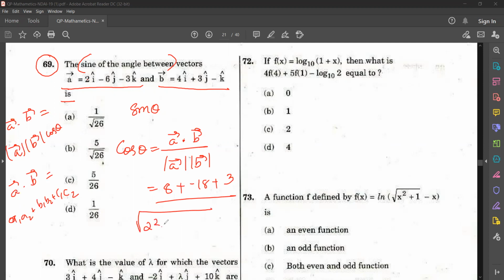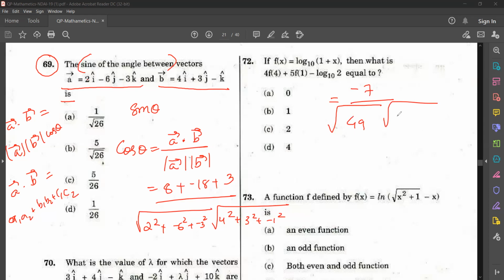So it is root of 2 square plus minus 6 square plus minus 3 square, into root of 4 square plus 3 square plus minus 1 square. So that is 8 plus minus 18 minus 10 plus 3, that is minus 7, divided by root of 4 plus 36 plus 9, root 49, into root of 16 plus 9 plus 1, root 26.